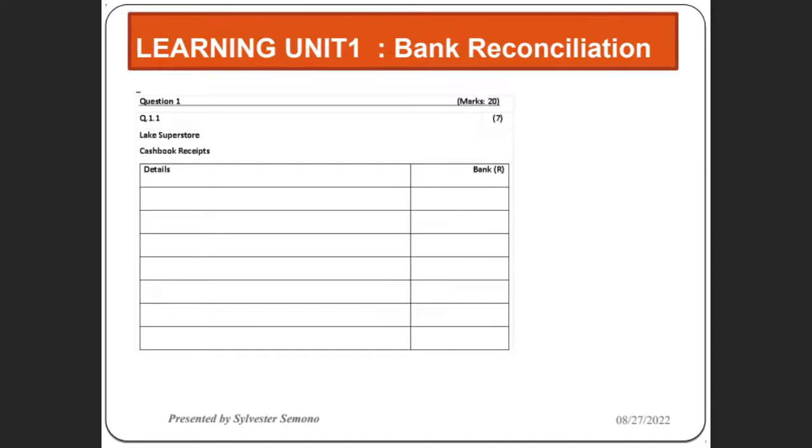Let me just change the color, make it red, for example. I'm going to say totals. You can just say total before adjustment, but you can just say totals. It's okay, but I prefer to say totals before adjustments.